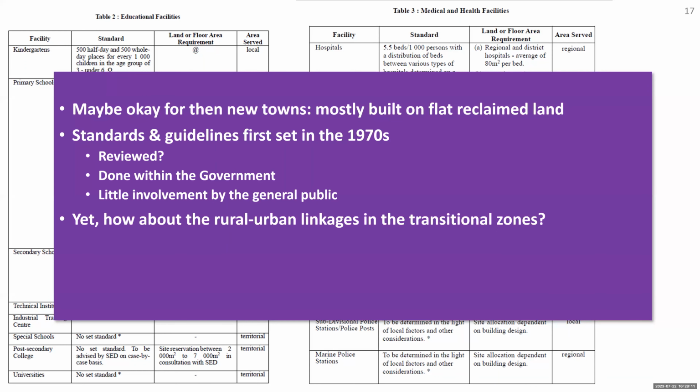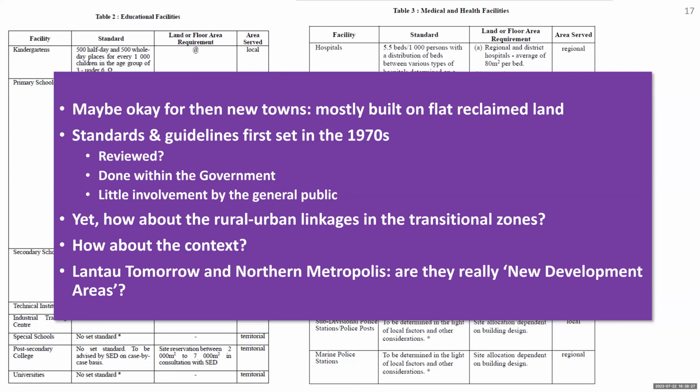And as I've said, there's very little about rural-urban linkages in the document itself. The planning standards and guidelines do not pay much attention to the context. And if we today talk about Lantau Tomorrow and the Northern Metropolis, the question is, are they really new development areas as such?